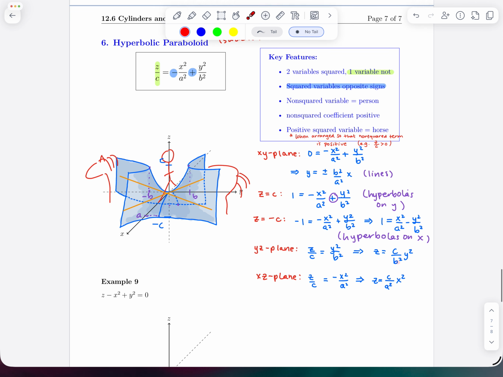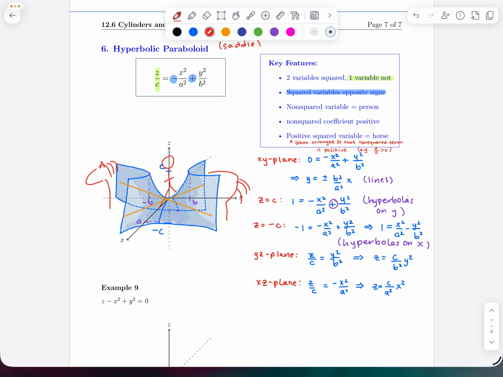Now, my graph assumes that c is greater than 0. If c is greater than 0, then I end up with a parabola that is opening up in the y direction, which is why this parabola is up.